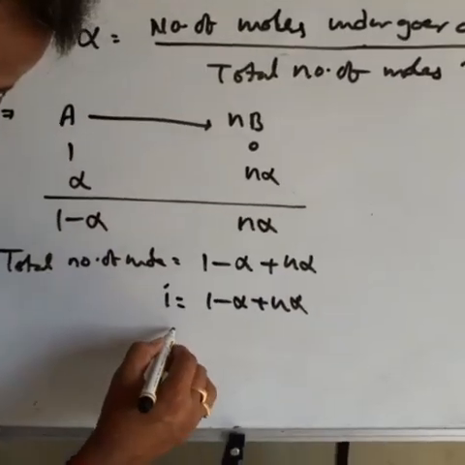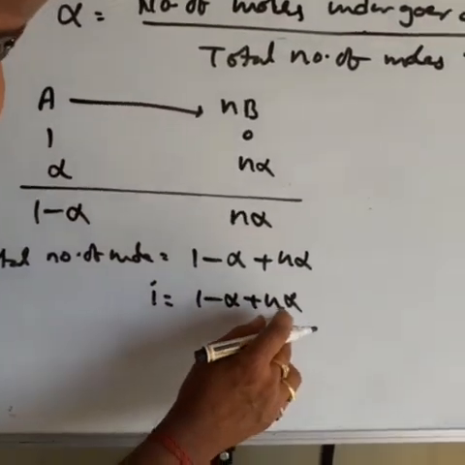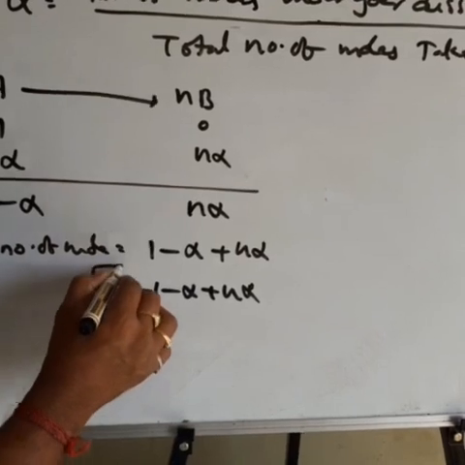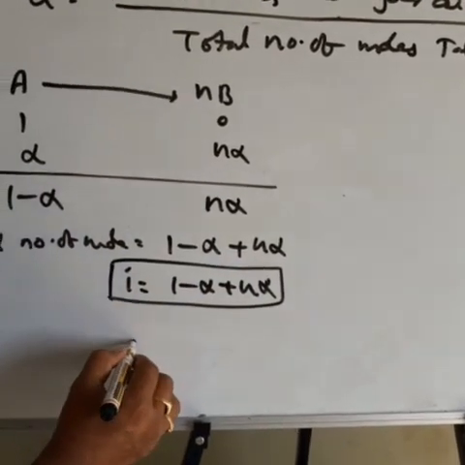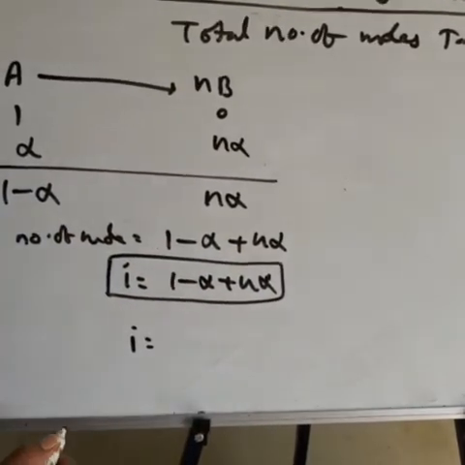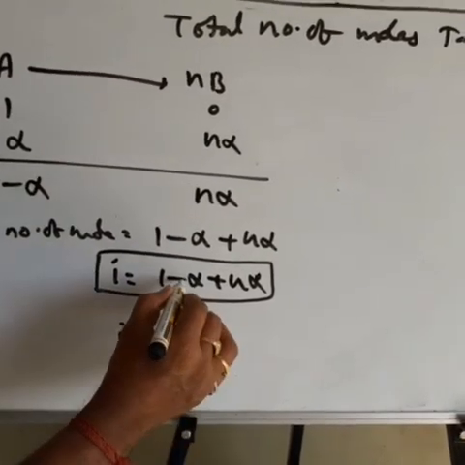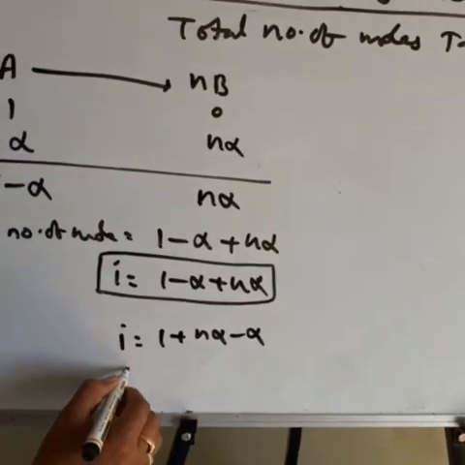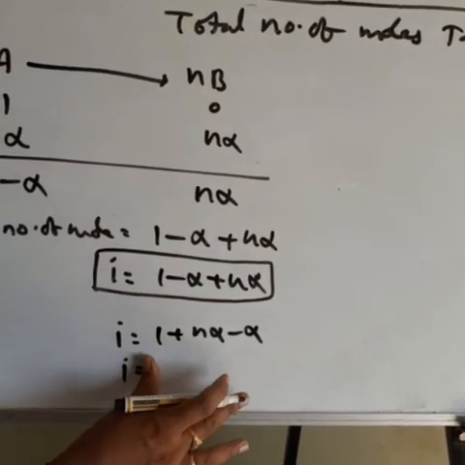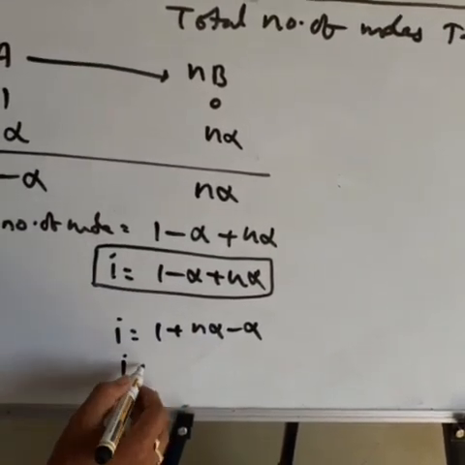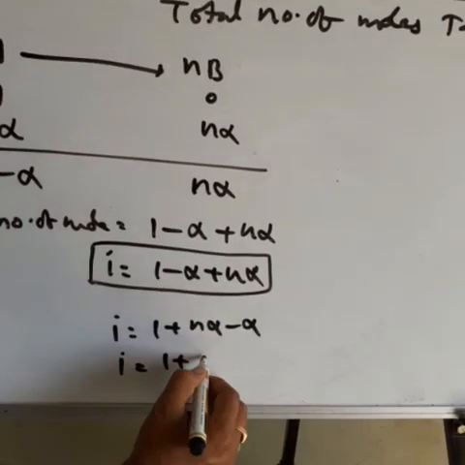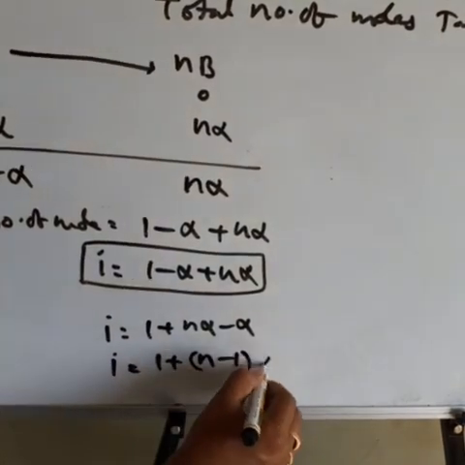Then next, from this, how to find out the alpha value. This is one of the formulas, very very important. Then i is equal to 1 plus n alpha minus alpha, we can write like this. Then i is equal to 1 plus alpha common, n minus 1 into alpha.